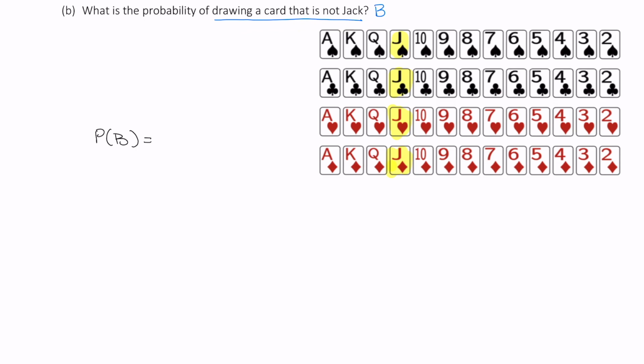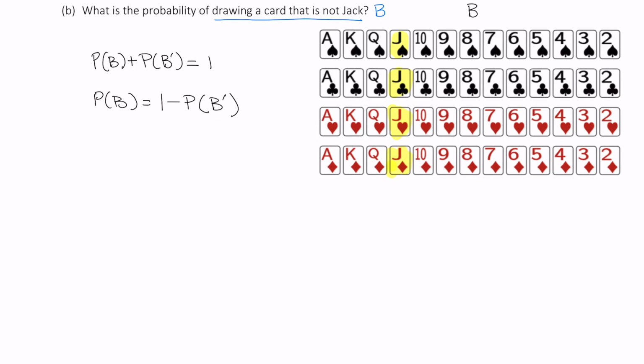So let's use the fact that the probability of an event plus the probability of the complement of this event equals 1. That tells me that the probability that I seek is just 1 minus the probability of the complement of this event. As a reminder, we can also refer to the complement B prime as B with a bar over it.